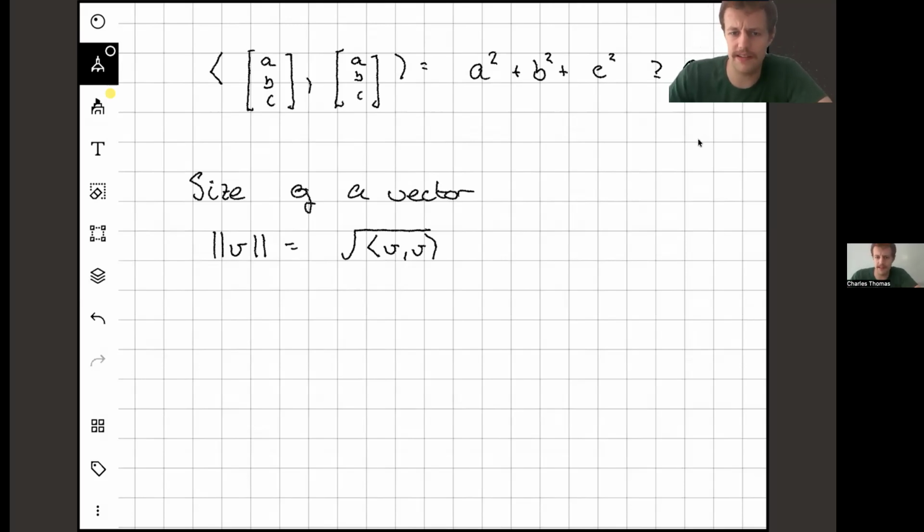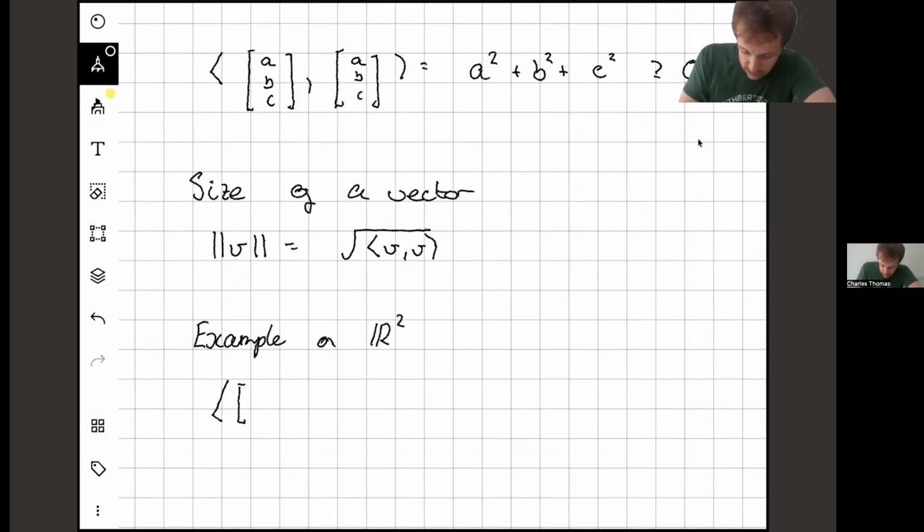Now, to see why this seems like a sensible definition, let's look at the dot product on R2. So once again, we'll use the inner product we've talked about before, but this time we'll just restrict it to being columns of two numbers. So we'll get AC plus BD.